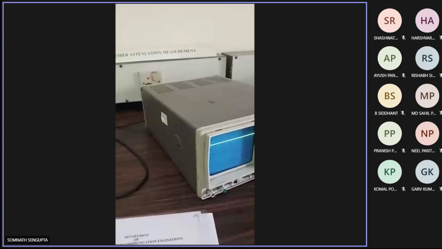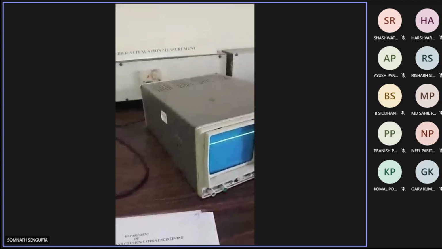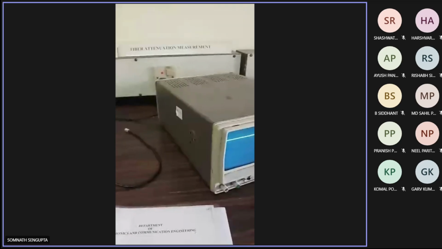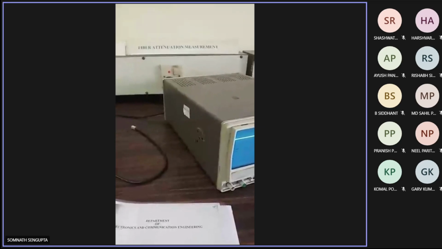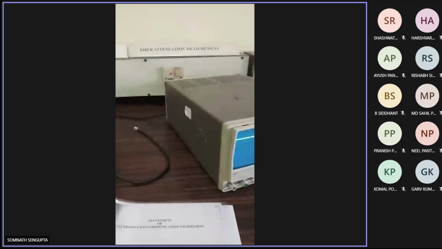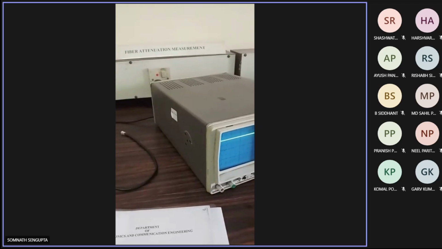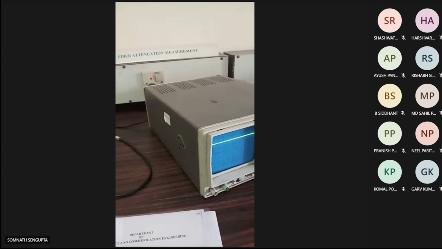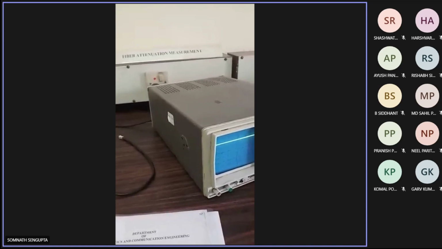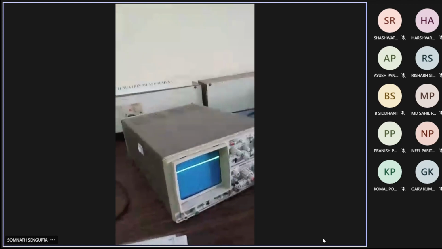Output means the detected output voltage. So make three rows, one row for 0.5 meter, another for 10 meter, another for 20 meter. You have to write the values for the detected output voltage from the CRO. I will show each and everything.